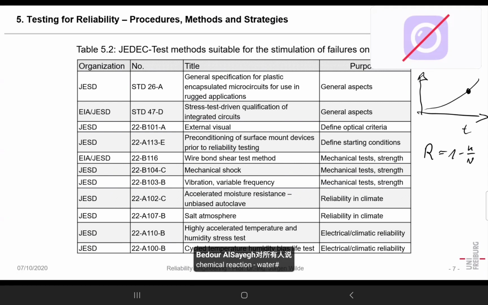Corrosion is an electrolytic process. It's not just a chemical process. When you throw sugar in water, it's more a physical process, but when you have corrosion, it's an electrochemical process. What will have influence on the speed of that process?